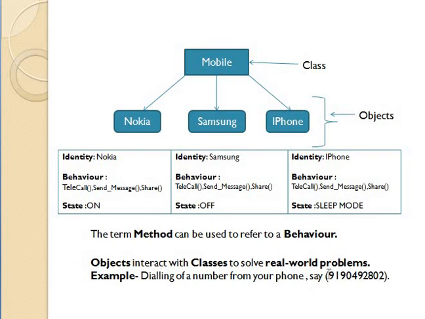So all these digits will be concatenated and joined together, and that is how the number gets formed, which is done using a specialized method known as telecall. And then the number gets displayed on the screen. So this is one example of a real-world problem, and that is how objects interact with classes to solve real-world problems.